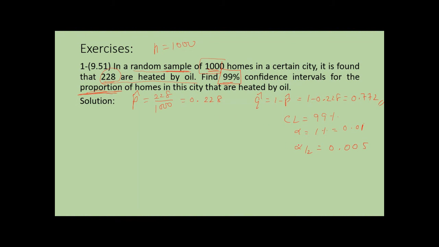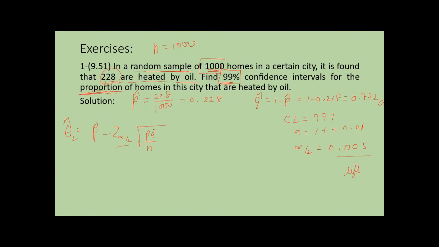Now we want the z value. What is the formula for theta lower cap? For a single sample, the formula says p cap minus Z alpha over 2 times the square root of p cap q cap divided by n, isn't it? We have our p cap, q cap, and n. The only thing we need to find is Z alpha over 2. So for alpha over 2, the right side area is 0.005.